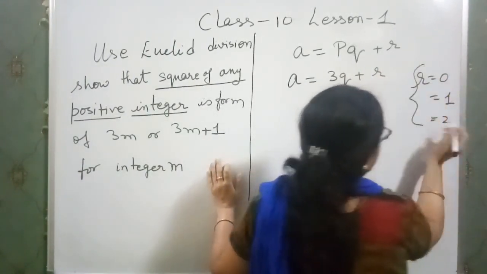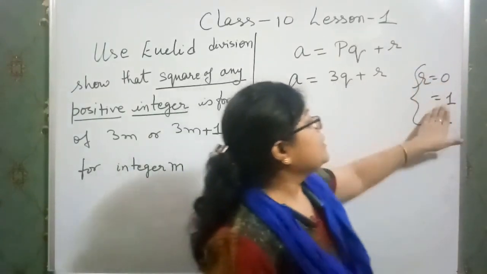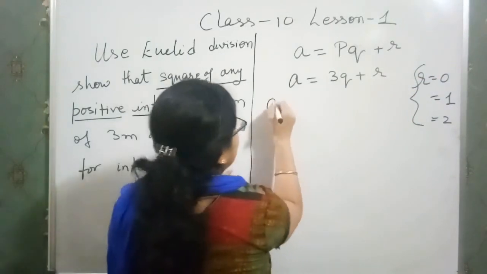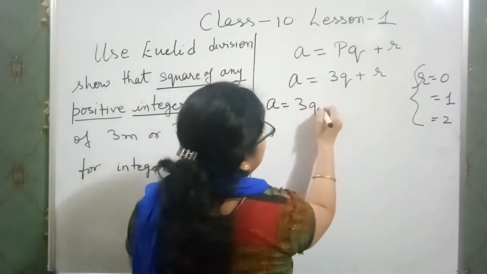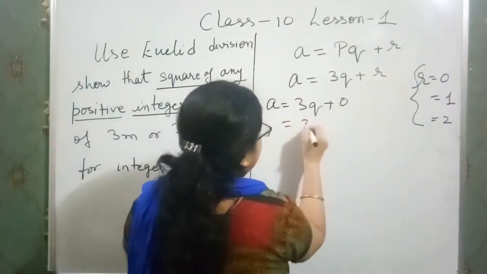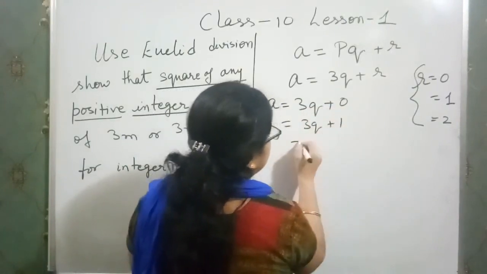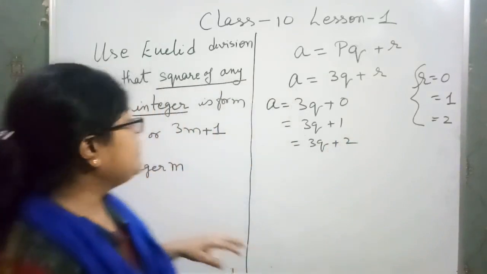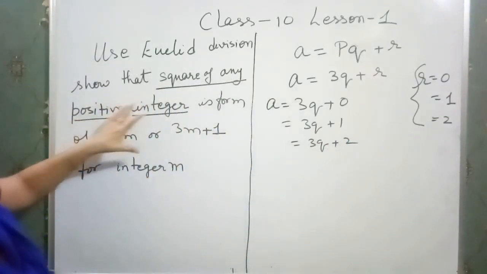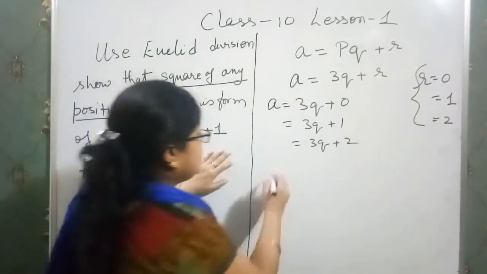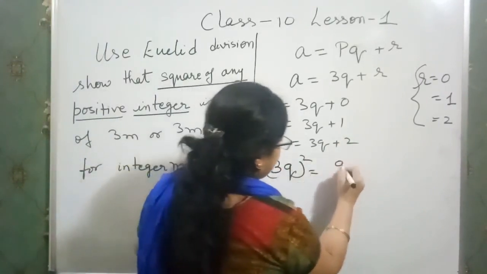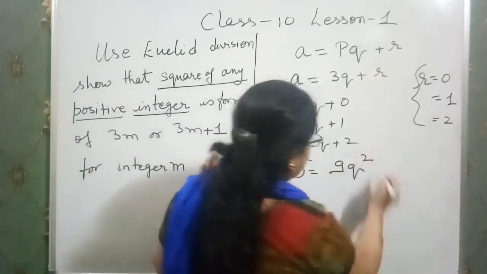Total 3 values, and we have to check for them. So we have 3q plus 0, 3q plus 1 and 3q plus 2. Okay. Now it is given that it is the square of any positive integer. Now when we do the square, we have 9q squared.